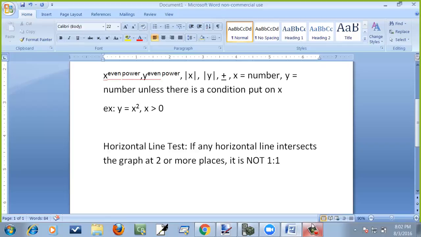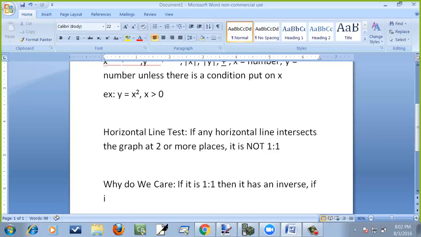Why do we care? What did one-to-one tell us? Well, mainly what we're going to use in this section is if it is one-to-one, then it has an inverse. If it is not one-to-one, then no inverse.